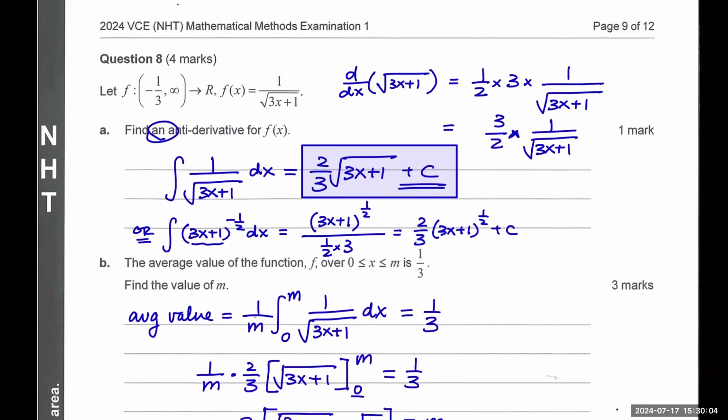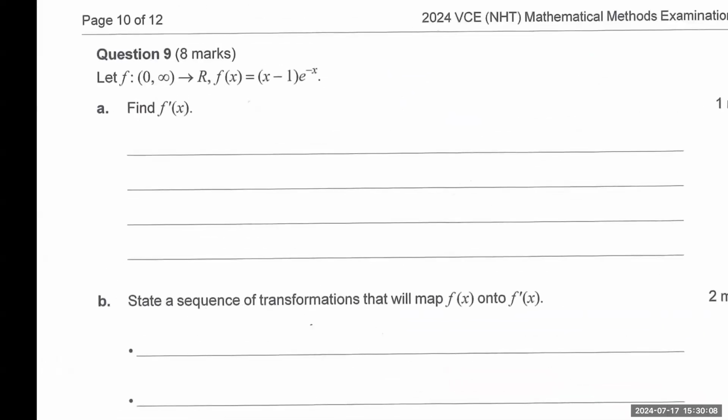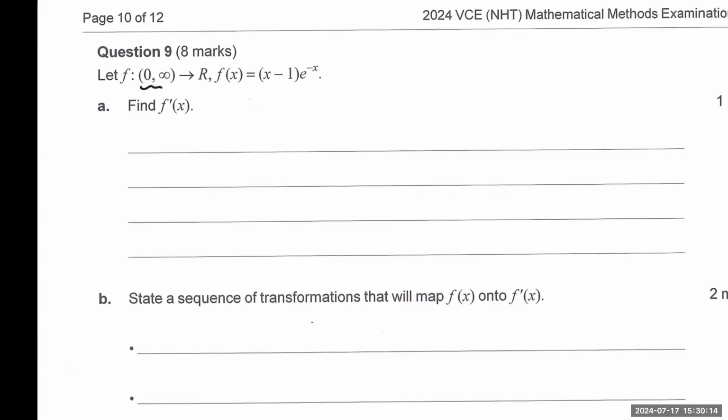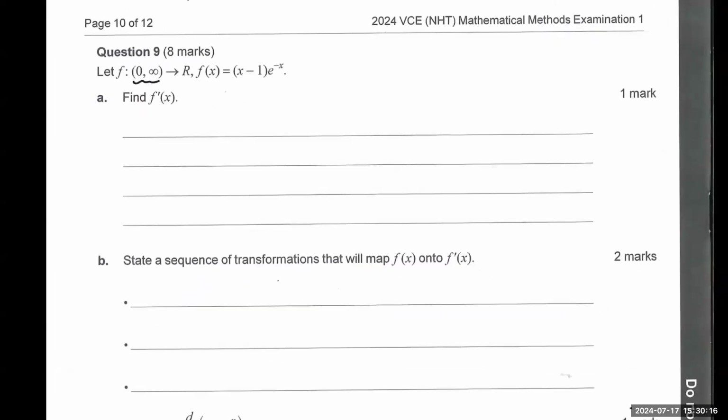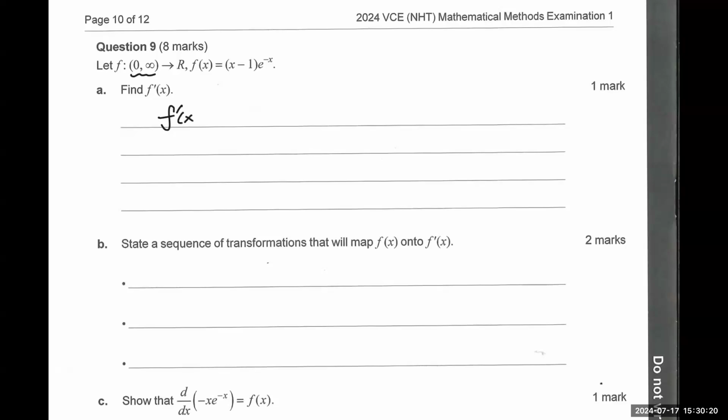Right. Question 8, question 9. Okay, let f of x be x minus 1 times e to the power minus x with the domain 0 to infinity. Find f dash of x. So f dash of x is simply 1 times e to the power negative x plus x minus 1 times minus e to the power minus x.